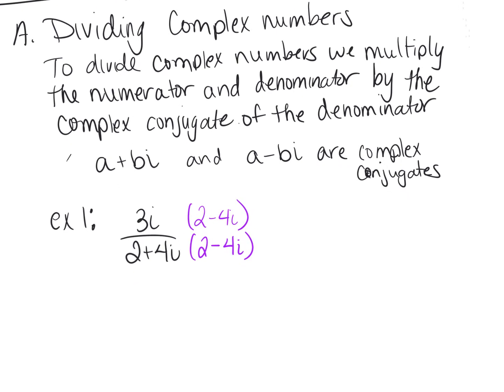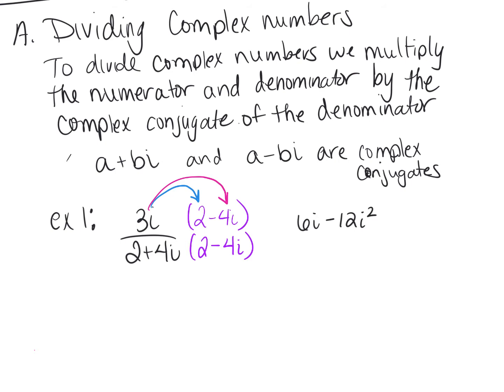Now when I distribute on the top, 3i times 2 is what? 6i. And 3i times negative 4i is negative 12i squared.